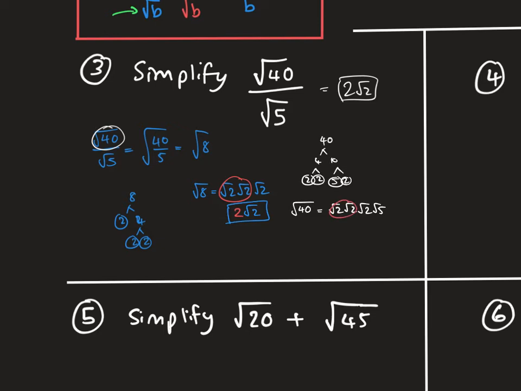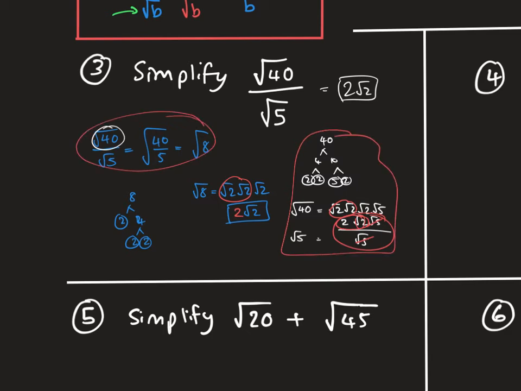Our pair of square roots, of course, would cancel down to mean that this is 2 root 2 root 5. Root 5 on the bottom, of course, we'll just say is root 5. So what we get is this is over root 5 here, and the root 5s will cancel, leaving us with just 2 root 2. Okay, but I'd say that takes a little bit longer. You're best off actually just simplifying it like this straight away.